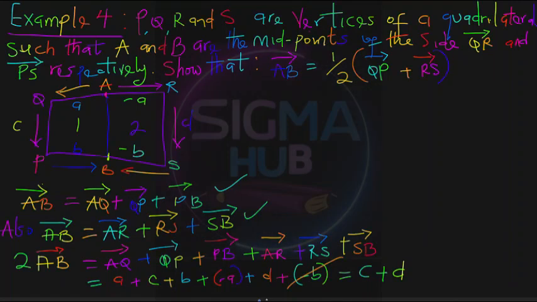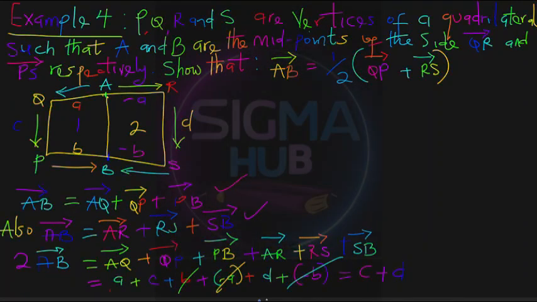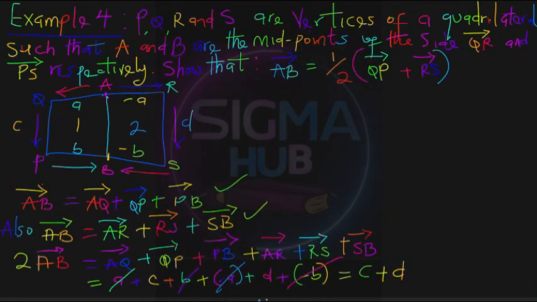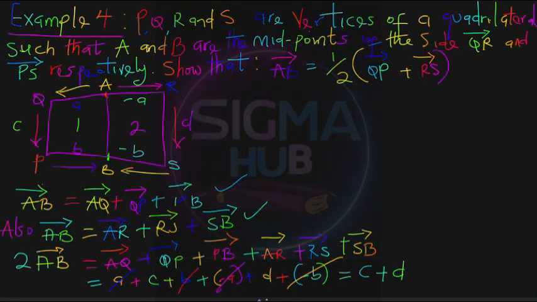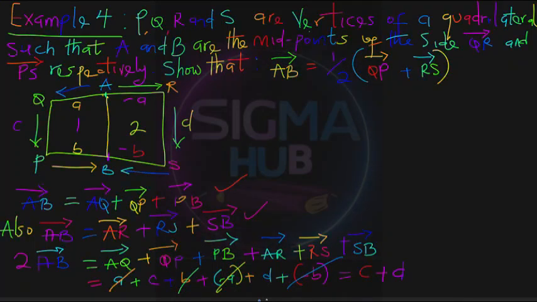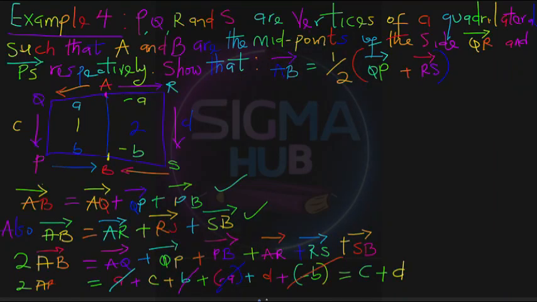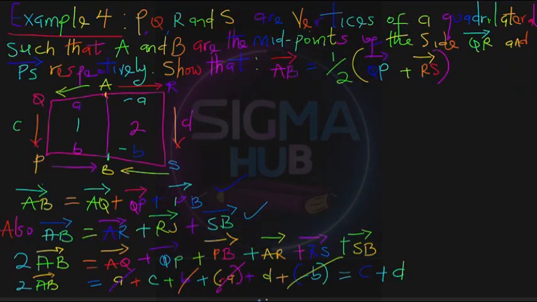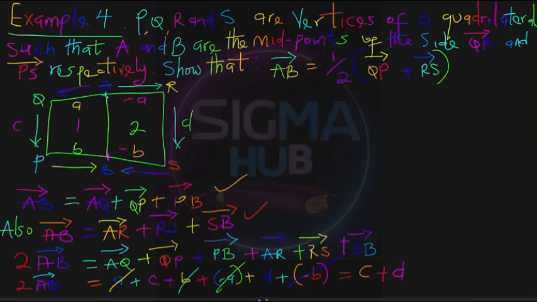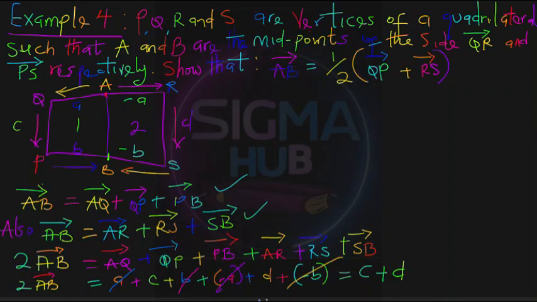Because this has cancelled out this, and likewise this has cancelled out this. So 2AB is C plus D.